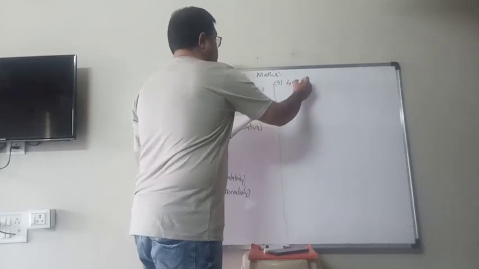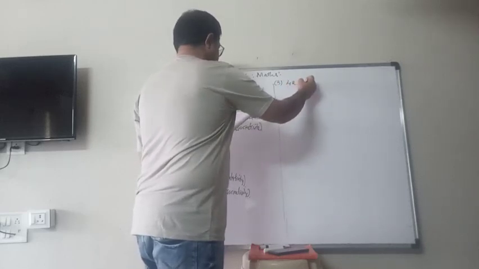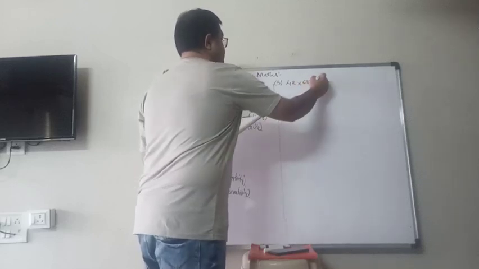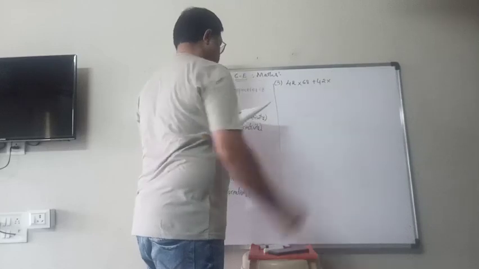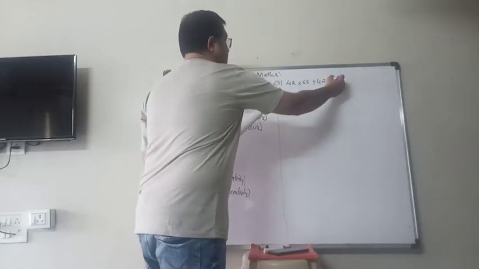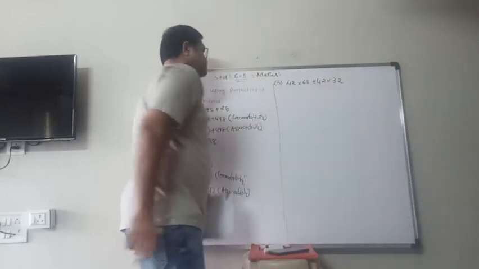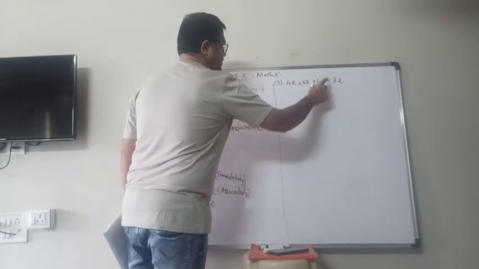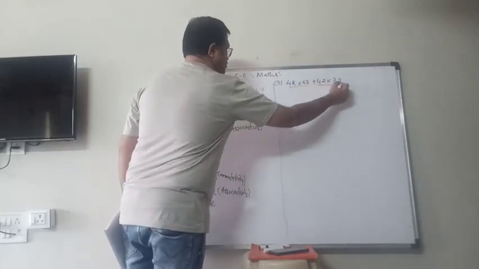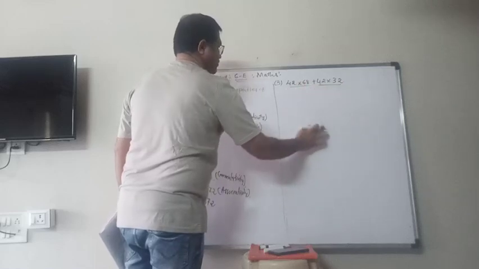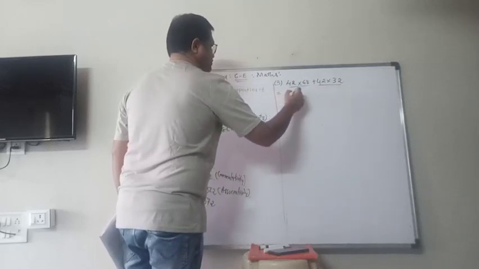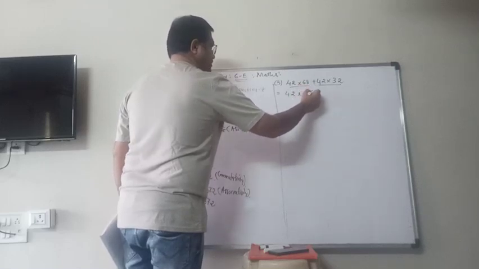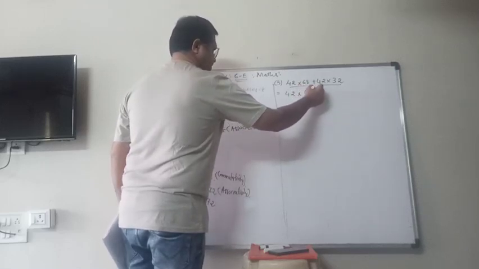Next, 42 multiplied by 68 plus 42 multiplied by 32. Here you can see that multiplication and plus sign. So here there are two terms. What is common in both of them? 42 multiplied by whatever is remaining here, 68, the middle sign.